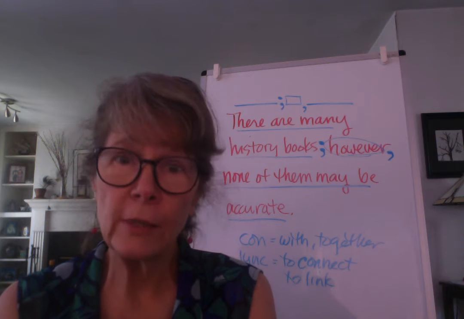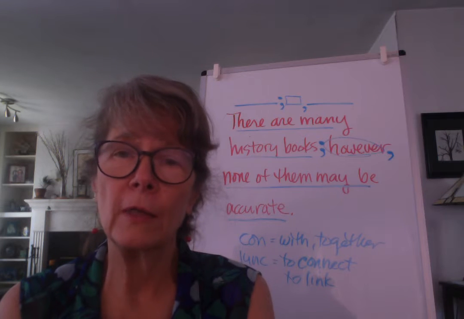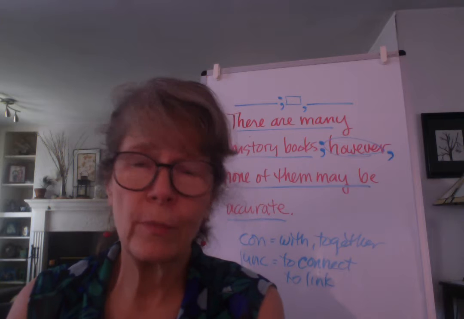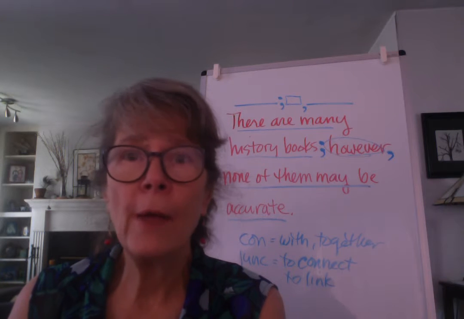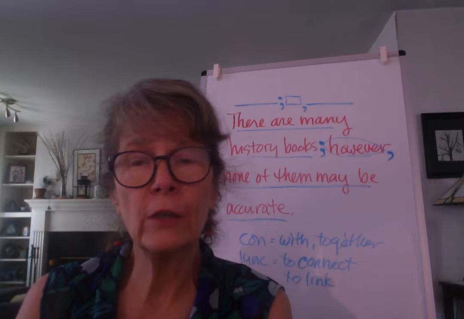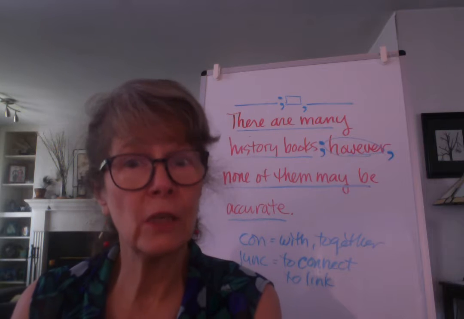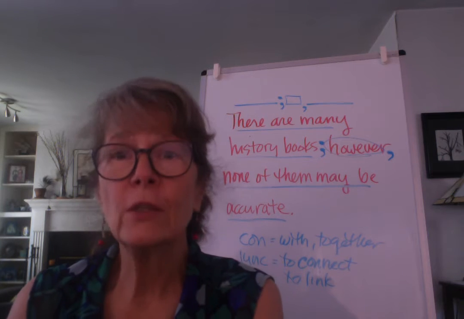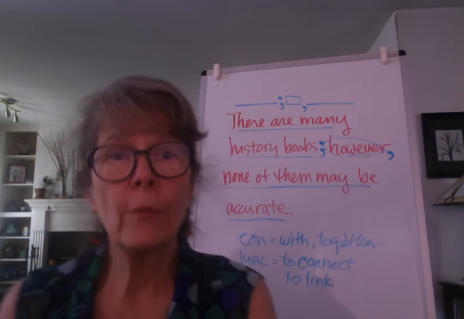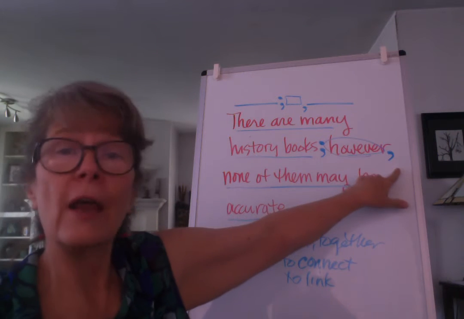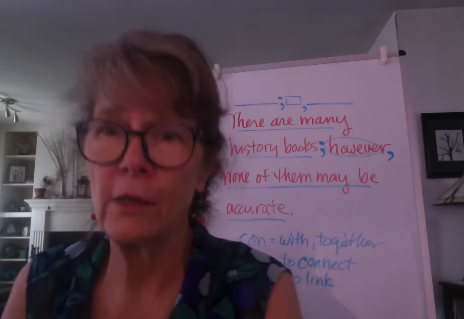Okay, let's try some examples of sentences that use conjunctive adverbs. Now, I want to warn you. I am not concerned at this moment whether or not you fully understand the meanings of all these conjunctive adverbs. I just want to do some examples so you can see over and over that we put a semicolon in front of a conjunctive adverb and a comma after a conjunctive adverb.